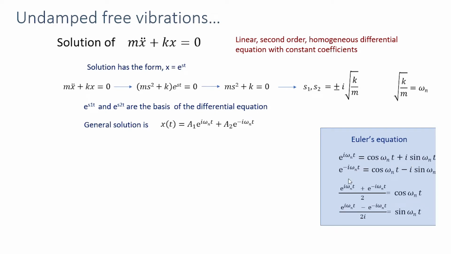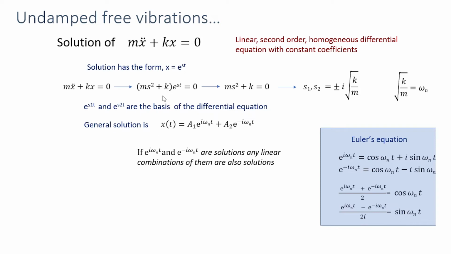Similarly, e to the power minus i omega nt can be written as cos omega nt minus i sine omega nt. If you add these two equations and divide by 2, we get cos omega nt. If we subtract these two and divide by 2i, we get sine omega nt.